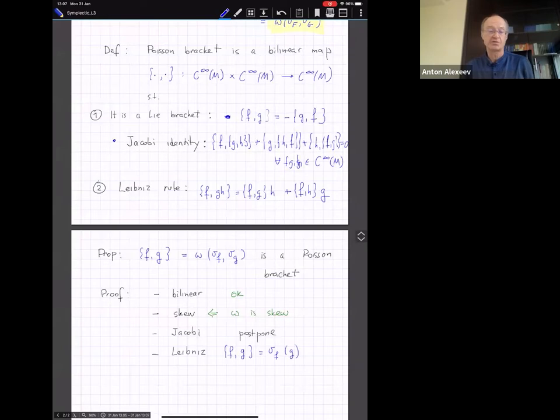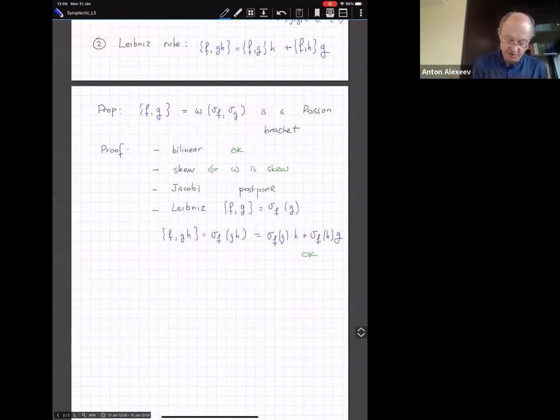Now, of course, this is just the Leibniz rule for first order differential operators. So if I write {f,gh}, this is V_f of gh, and we do know that there is a Leibniz rule for vector fields, plus V_f g. So this means that this property is also okay.